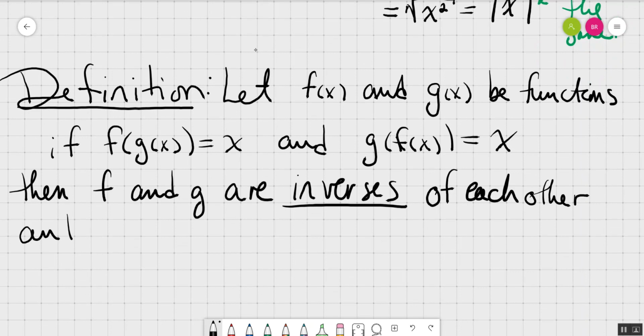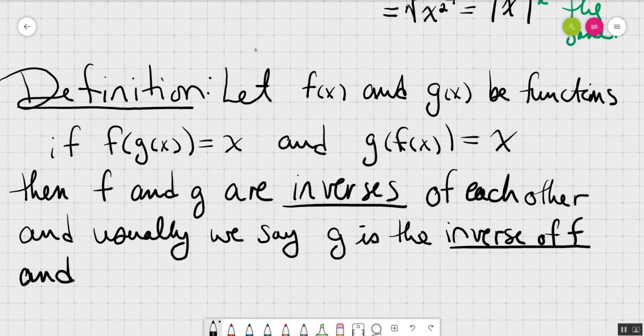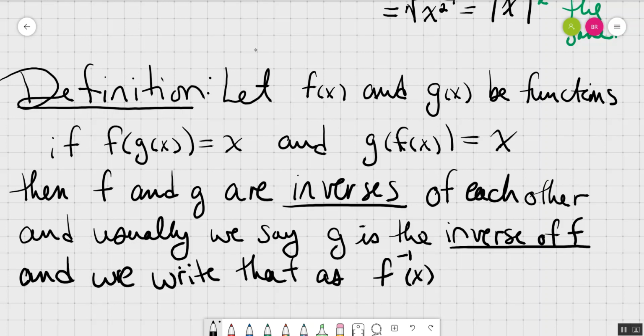And we'll usually write it like this. Usually we will say g is the inverse of f, because we like f for function. And we have some notation for that. We write that as f with a little -1 of x, as our g.